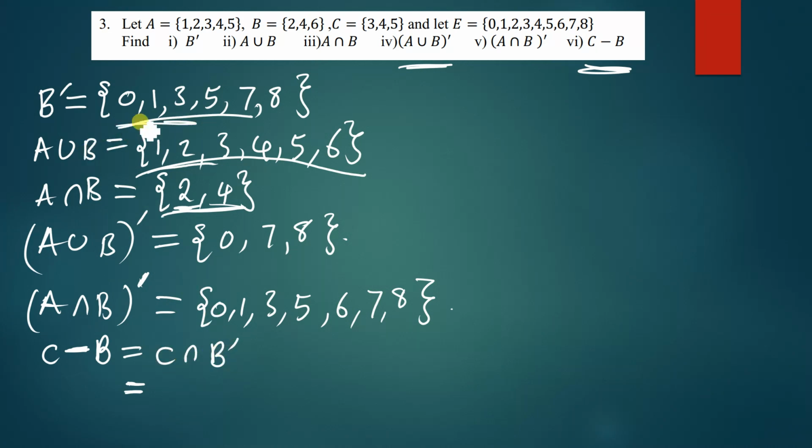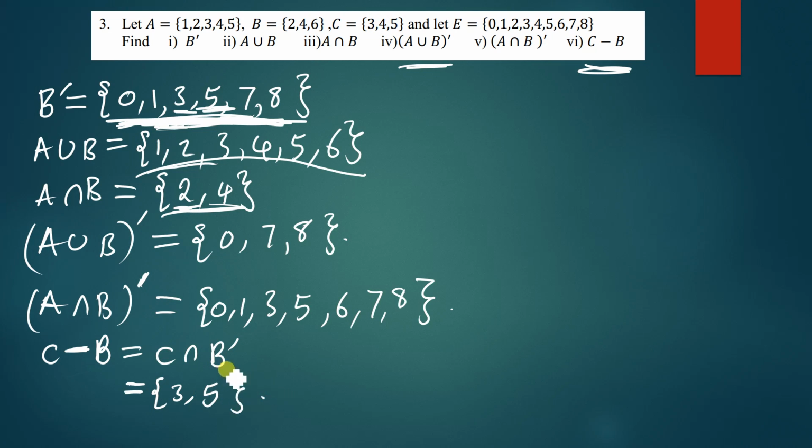B complement is this set which we have here, and C has been given as 3, 4, and 5. When you look at B complement, we have 3 there, which is also in C. So 3 is part of our set. We have 4 in C, but we don't have 4 in B complement, so we can't write it. We have 5 there, it's also present in C, so we write 5.